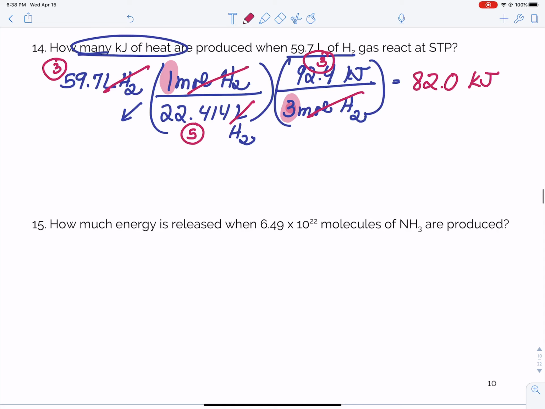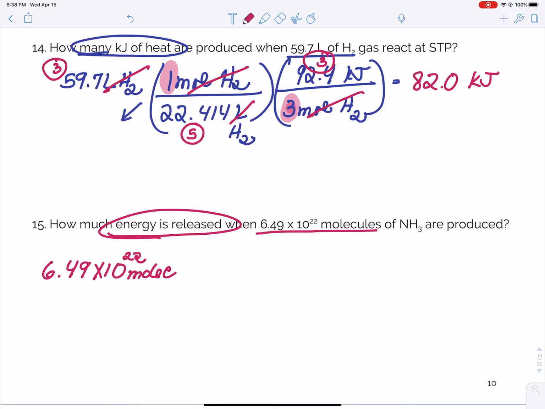The last one here, how much energy is released when 6.49 times 10 to the positive 22 molecules of nitrogen are produced? Circle the do, underline the clue. So we have 6.49 times 10 to the positive 22 molecules of NH3.